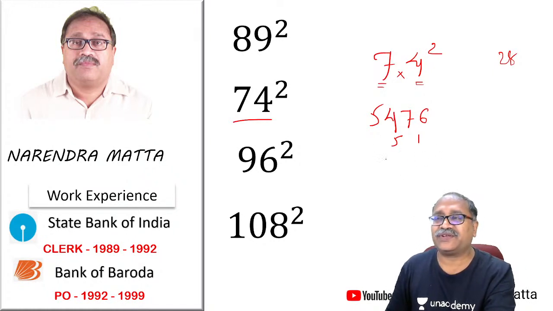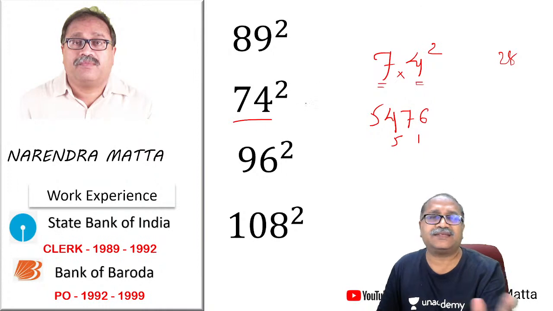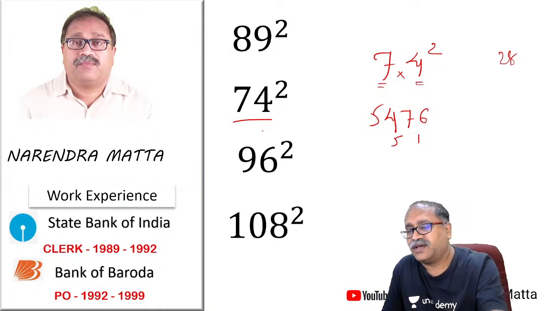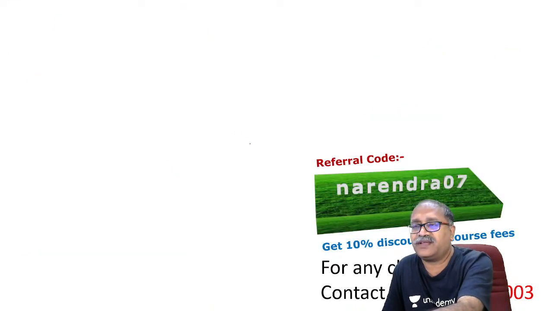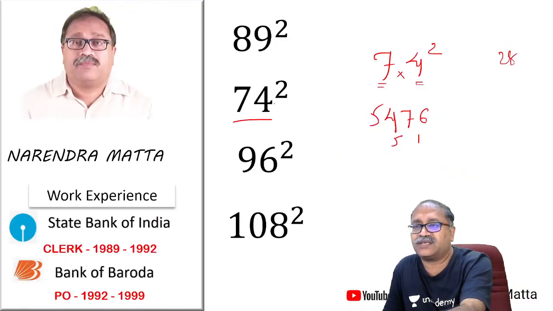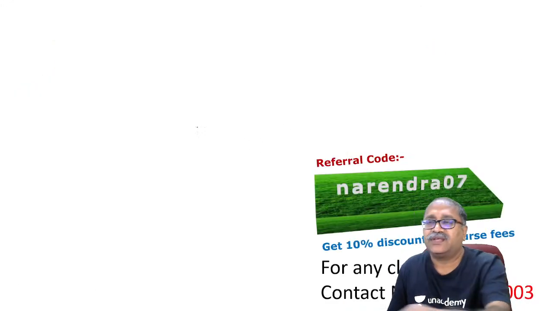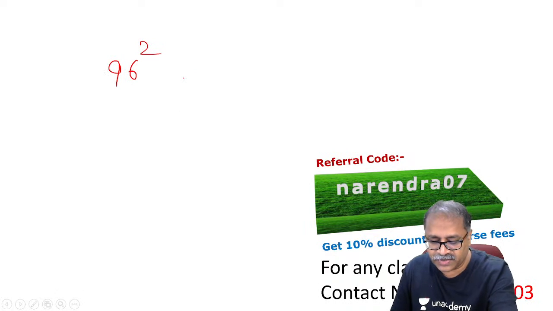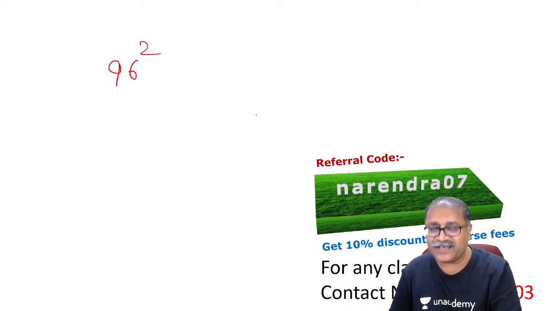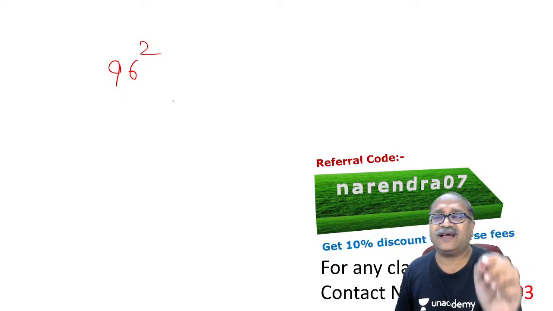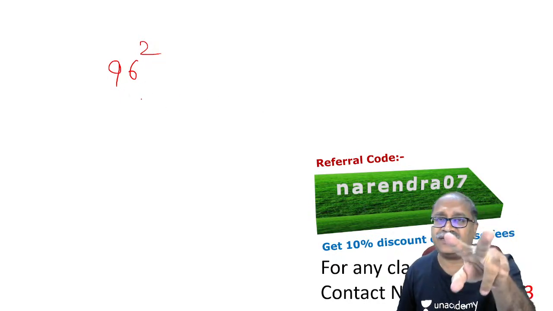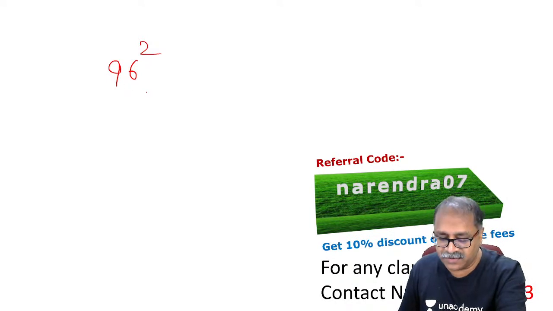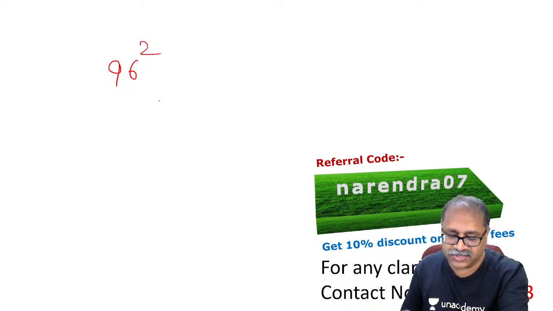I really appreciate it. So the same way, for any two-digit number you can find out the square in this way. And for example, if I take another number, as you can see, 96. So if I have to find out the 96 square, can someone answer the question? Look at this one. I will answer this 96 square in two ways. The one is the general method which we have learned just now.